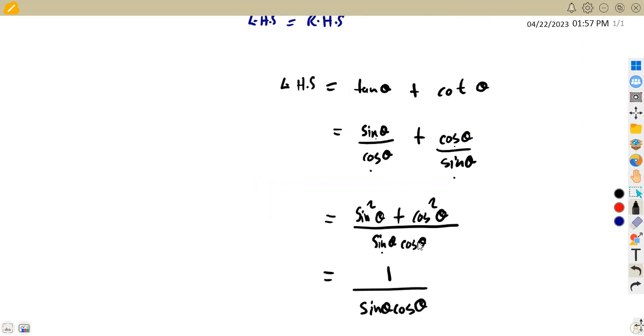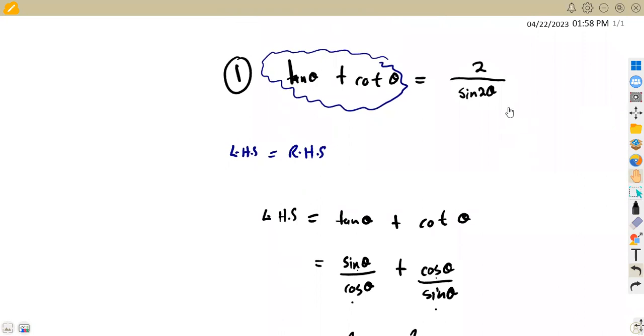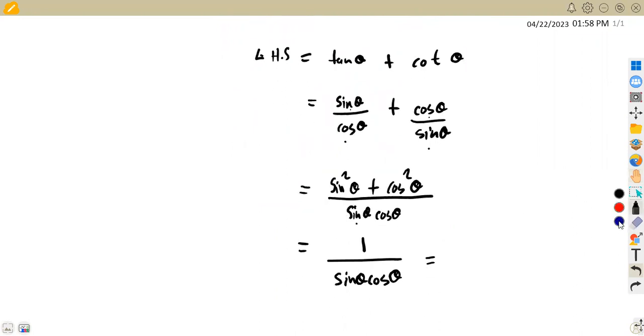Okay, so now let's get back and check what we have on our final answer. On our final answer, we are given this as 2 over sine 2 theta, which means you have to check, because you could have simplified this way, since we know that 1 over sine theta is cosec.